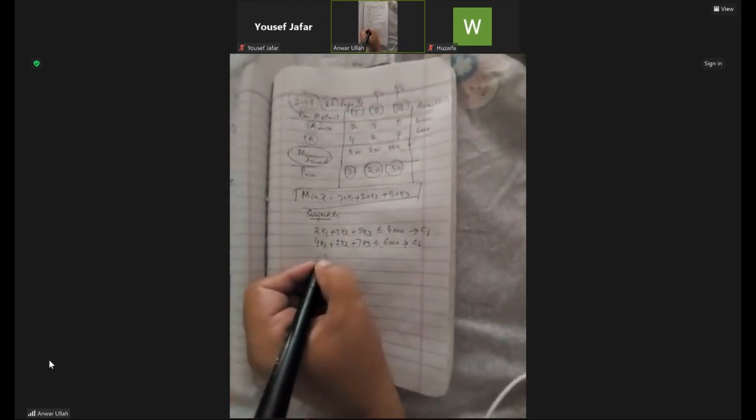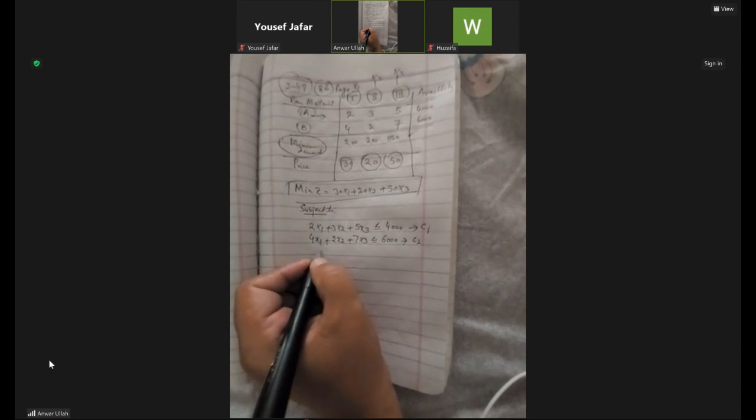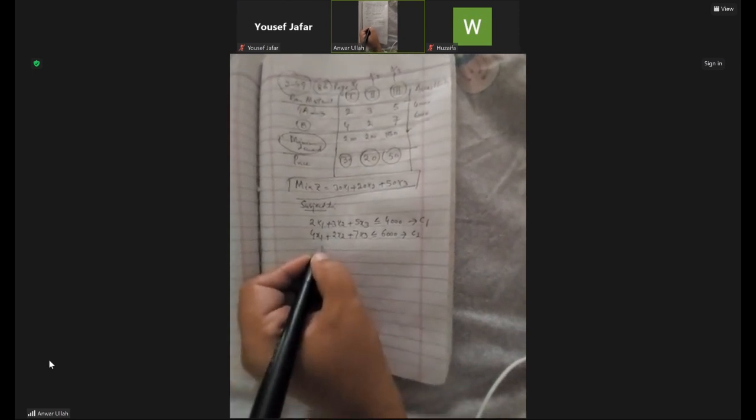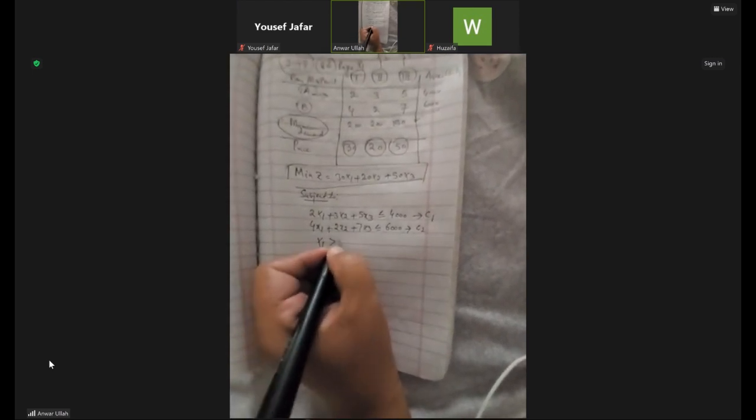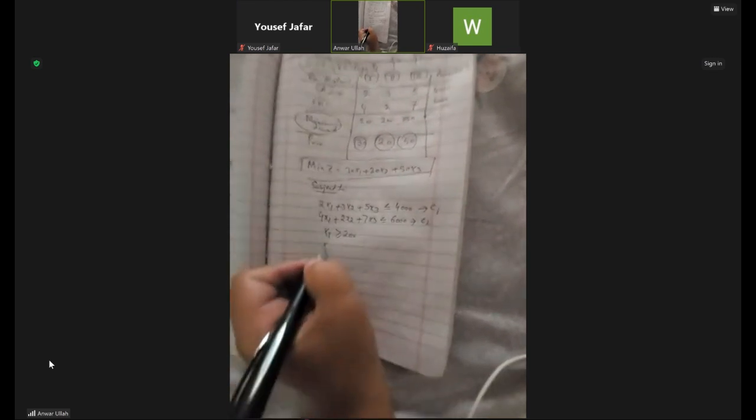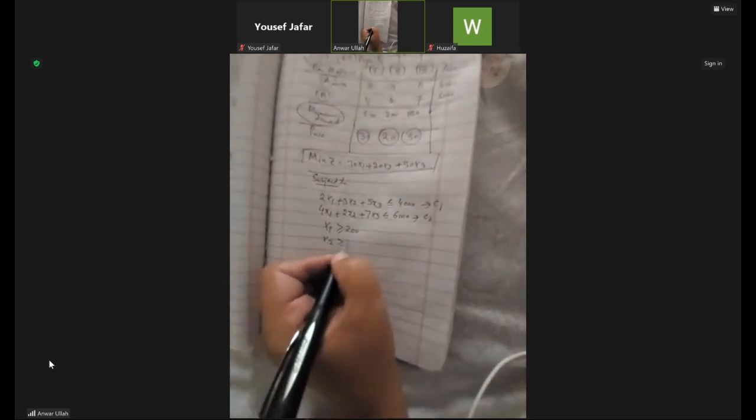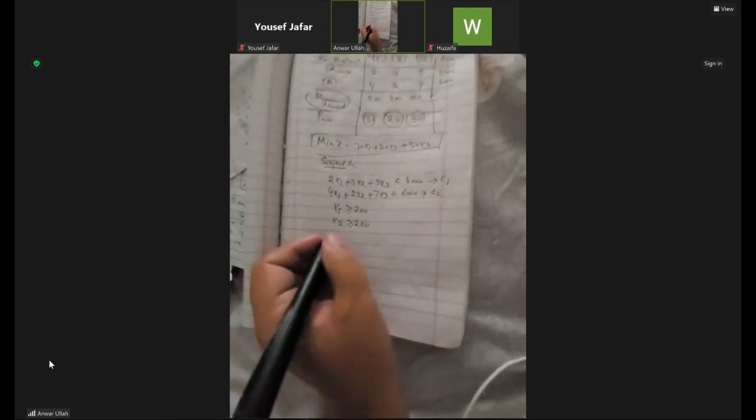Now we have the constraint for minimum demand also, which says that the minimum demand for x1 is 200. It means that x1 must be greater than or equal to 200 because 200 is the minimum demand. The minimum demand for x2 is also 200, so x2 must be greater than or equal to 200.